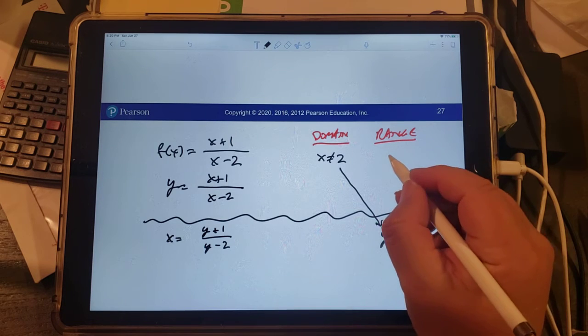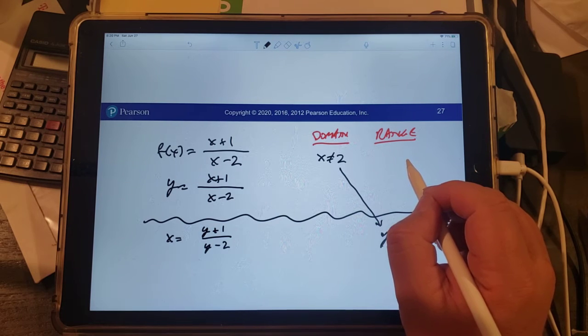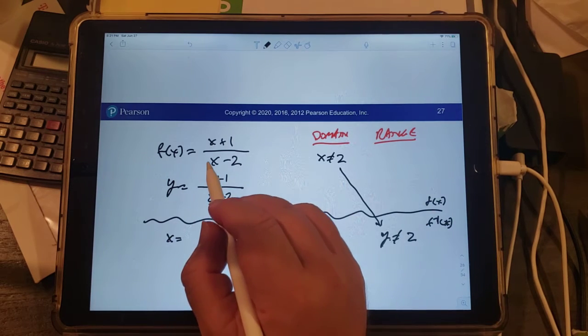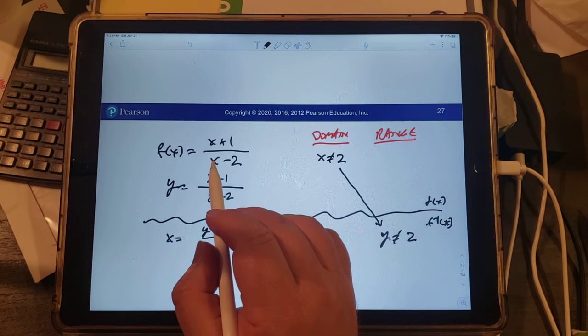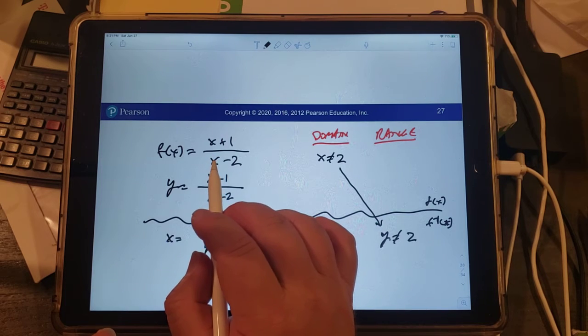And that is, is it obvious what the range is? It probably isn't. If we graphed this, there would be a horizontal asymptote, and it would be at y equals 1.